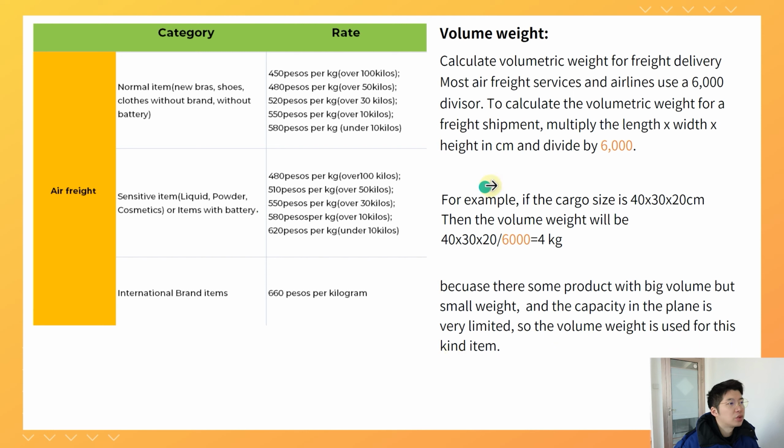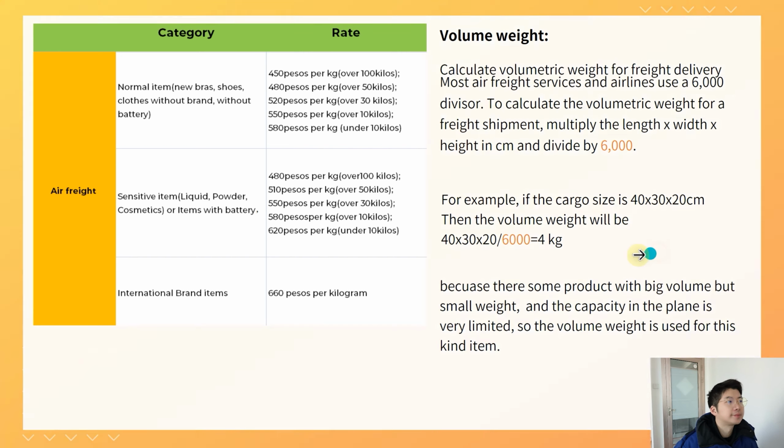And let me use an example to tell you how to calculate the volume weight. If the cargo size is 40 long, 30 wide, 20 high in centimeters, then the volume weight will be 40 multiplied by 30 multiplied by 20 and divided by 6,000, and the answer is 4 kilograms.